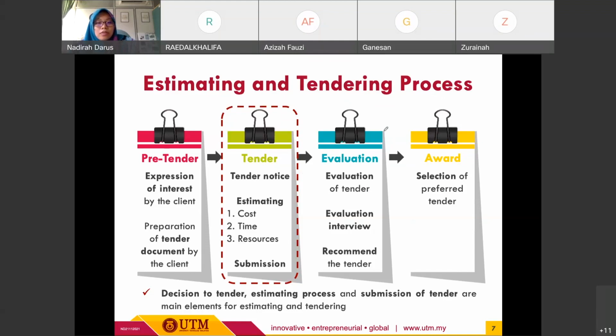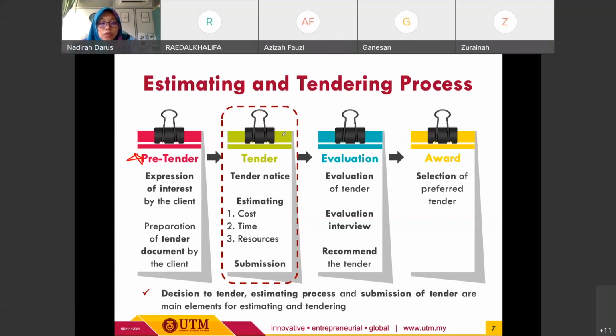This figure shows the process flow starting from the pre-tender up until the project is awarded to the selected tenderer or contractor. From pre-tender, we have the tender stage, and then it continues to evaluation and award.